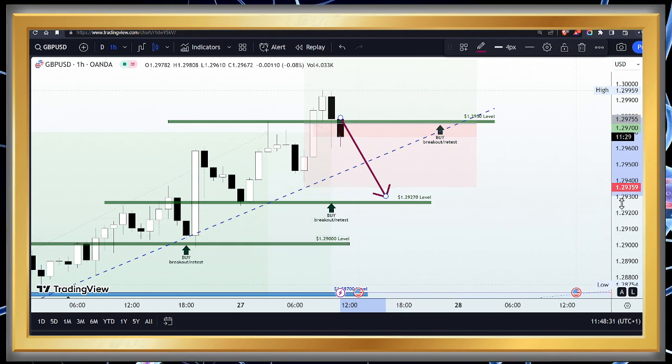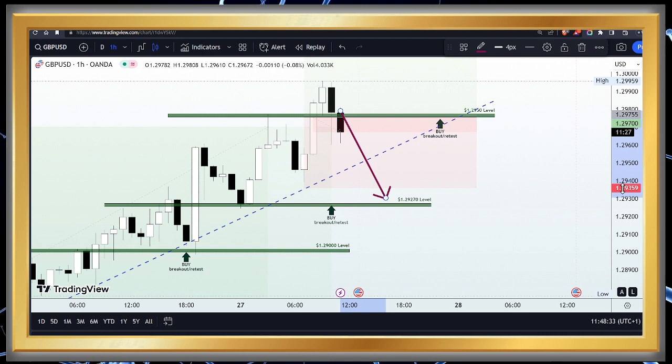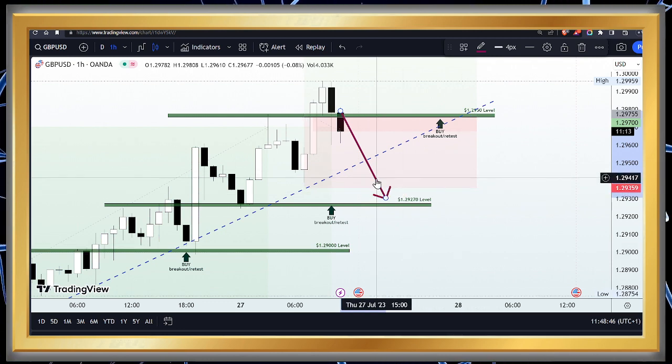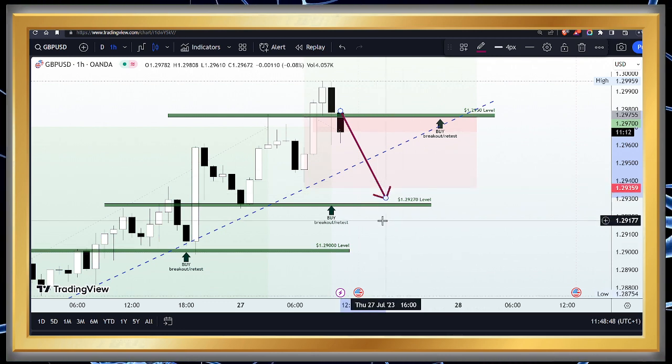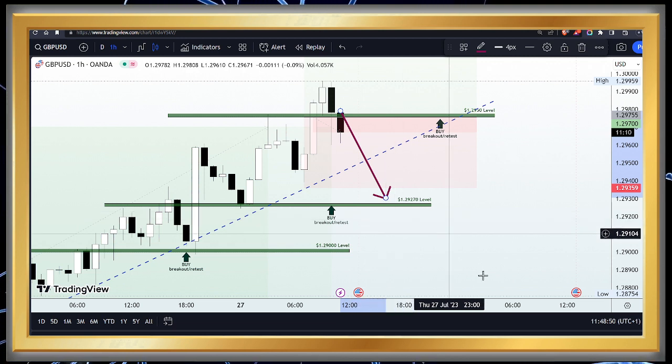One of the things we are going to be doing as soon as we notice the breakdown of the ascending trend line is to scale down into a much lower time frame. So we can go as far as our 5 minutes, 10 minutes, and even 15 minutes time frame to look out for signs that buyers are finding it difficult to climb back above the ascending trend line.